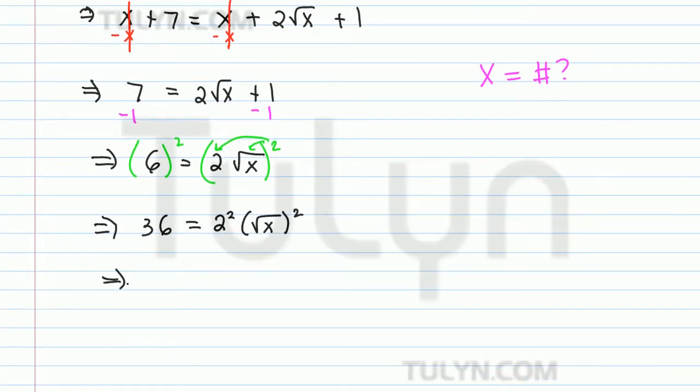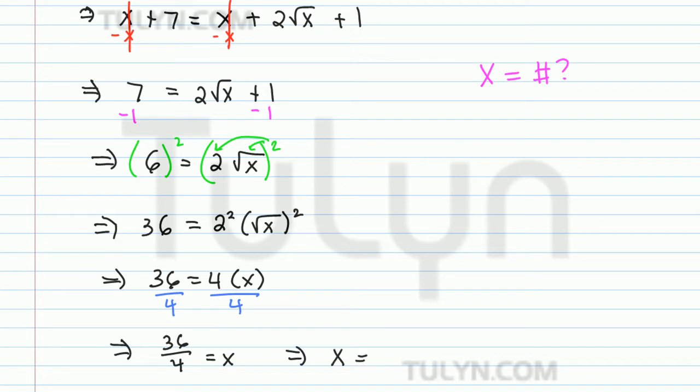So simplifying further, we get 36 is equal to 4 times square root of x squared, which is x. And so now if we want to solve for x, let's divide both sides by 4. So we get 36 over 4 is equal to x, and 36 over 4 simplifies to 9. So we know that x is equal to 9.